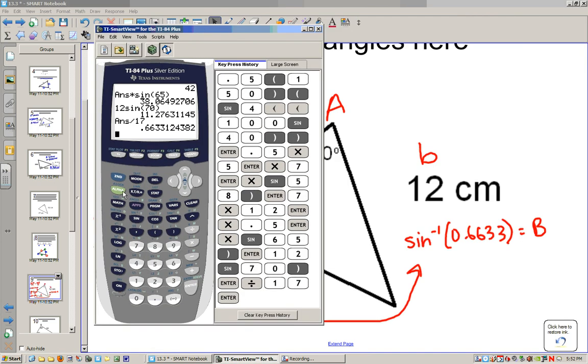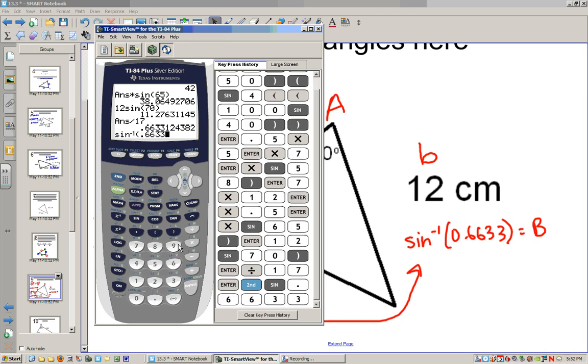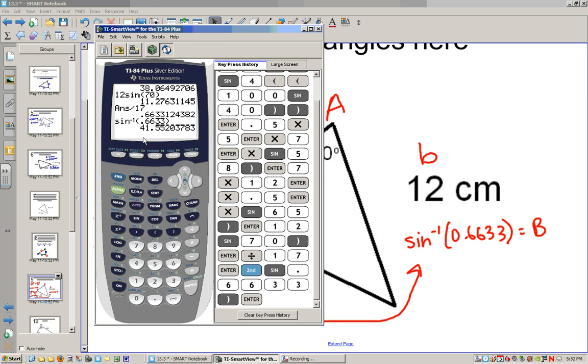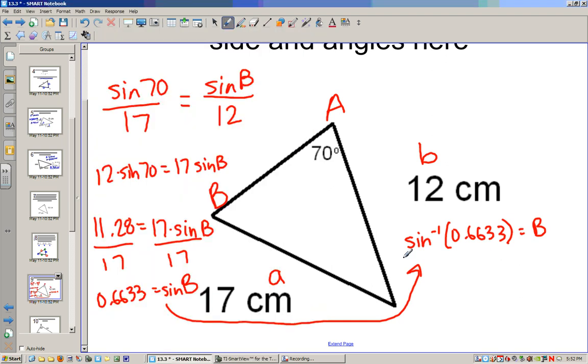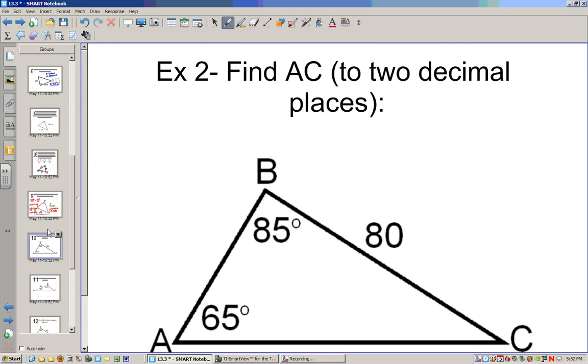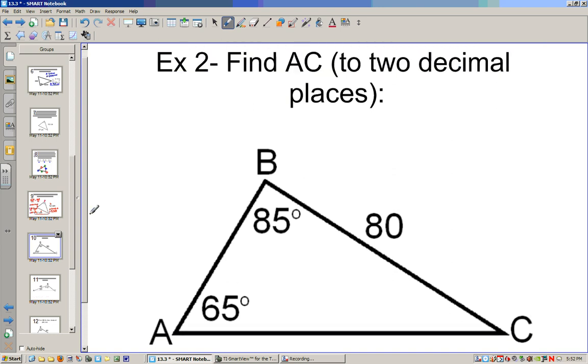We can do the sine inverse, so second sine of 0.6633, and we're going to get about 41.55 degrees. So angle B equals 41.55 degrees. Okay, so that's how we use the law of sines to help solve for angle measures or for side lengths of triangles. So I'd like you to give this one a try.